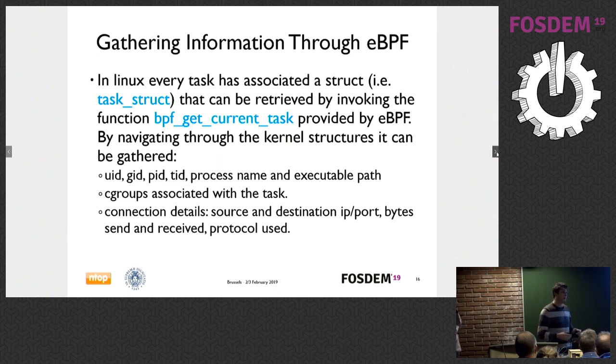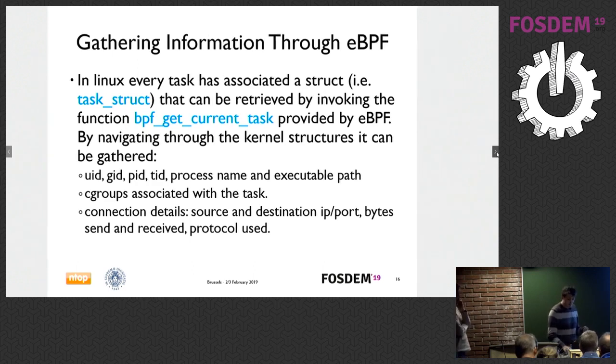For example, when we connect, we use TCP connect, and we provide as argument the socket that we want to use. By analyzing the socket, we can extract information regarding the protocol or the destination address.